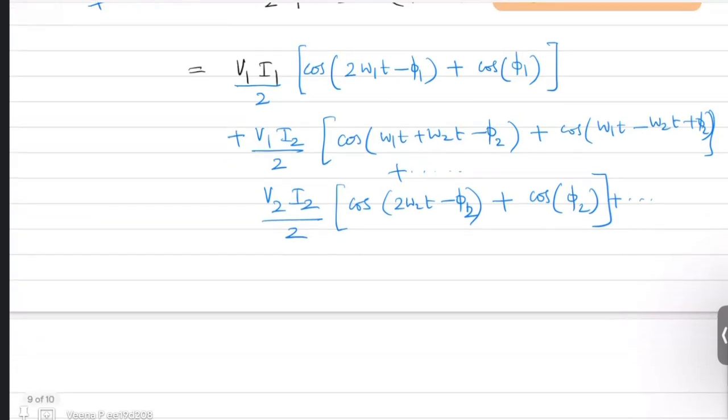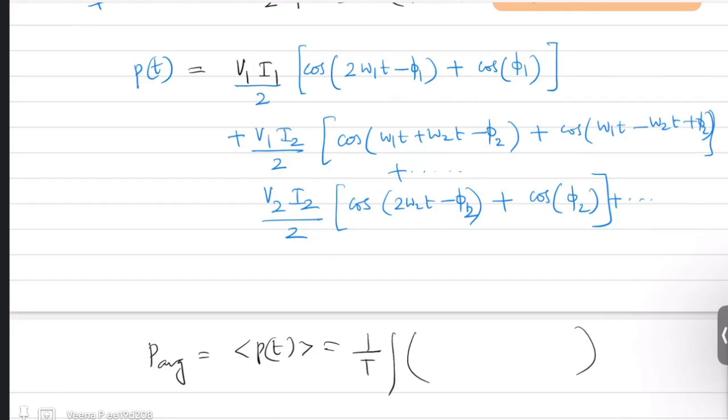So now this is your instantaneous power. For the average power, which is the average of your instantaneous power, you will integrate your P of t over its time period.